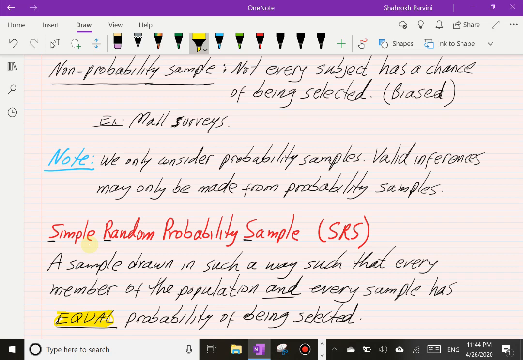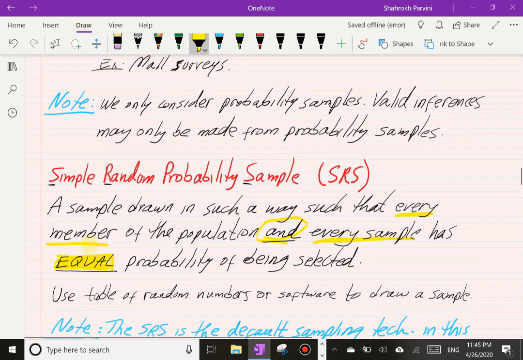Now, not only every member has equal chance, but every sample also has equal chance. So I have every member of the population as well as every sample having equal probability of being selected. So you have the best of both worlds. Equal probability for the sample that was just selected and equal probability for the members of the population. To me, that's the pie in the sky, which seldom actually happens.